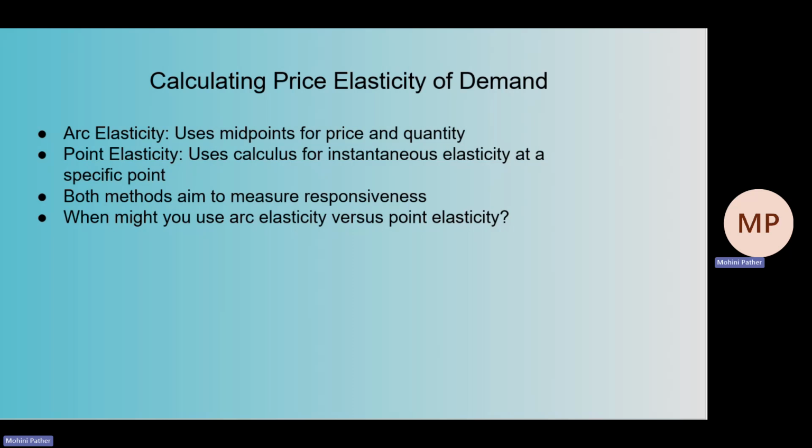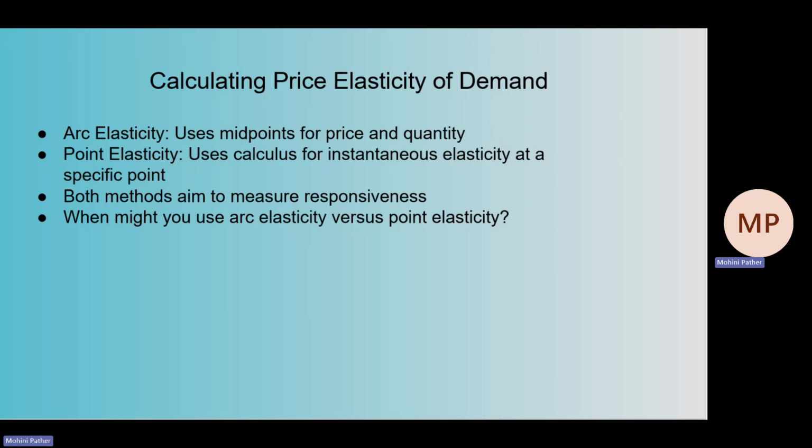So arc elasticity assumes that there is a curve to your demand, in which case it uses the midpoints for the price and quantity. If you encounter a scenario where you're given multiple points on the curve, so you have different prices and different quantities, then it's very likely that you'll have to use the midpoint instead of using either of the price and quantity, especially if it's for the same product.